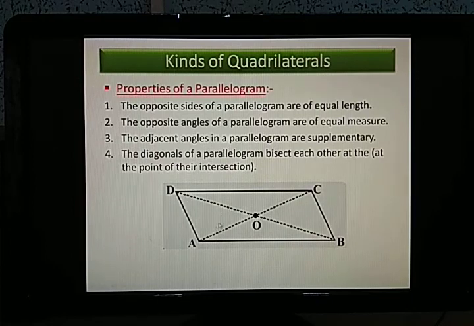That is, AO will be equal to OC and OD will be equal to OB. This you have to prove. Then only you can say the diagonals bisect each other.